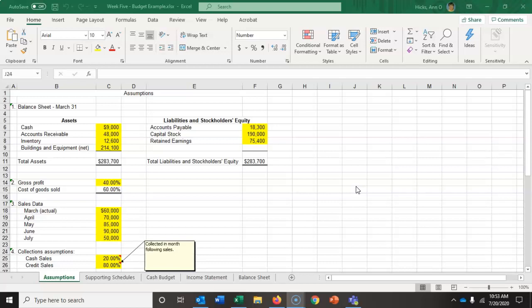So with that as background, what I want to do in this worksheet and in this video is walk us through what is called a master budget. Now, my guess is all of us at some level have been involved in a budgeting process, even if it's just budgeting our own personal finances.